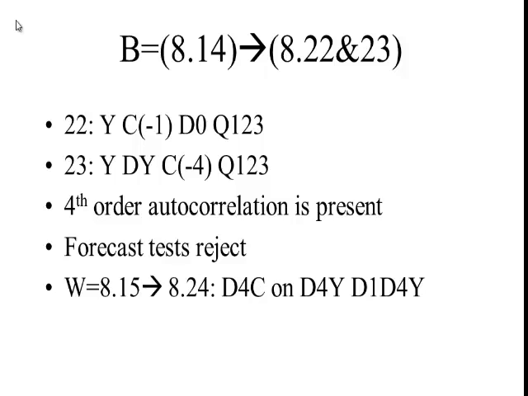So this is almost the same as the Henry simple model without the time-varying seasonals. And the other method is, instead of C minus 1, he puts in C minus 4 and also puts in the first difference of Y.